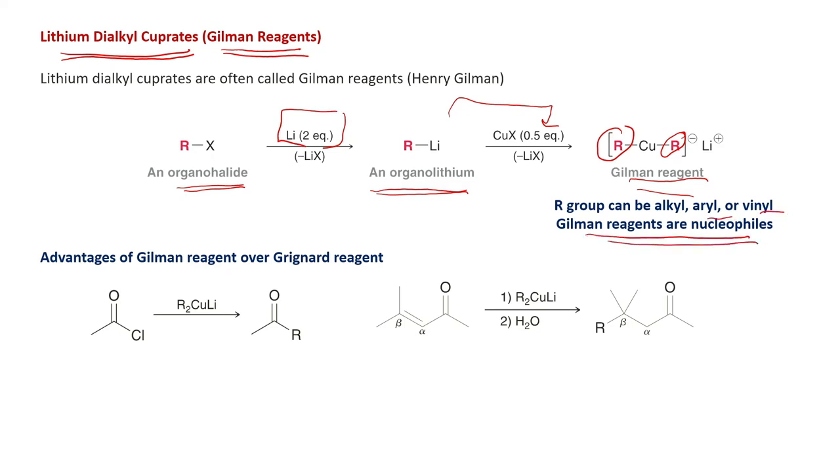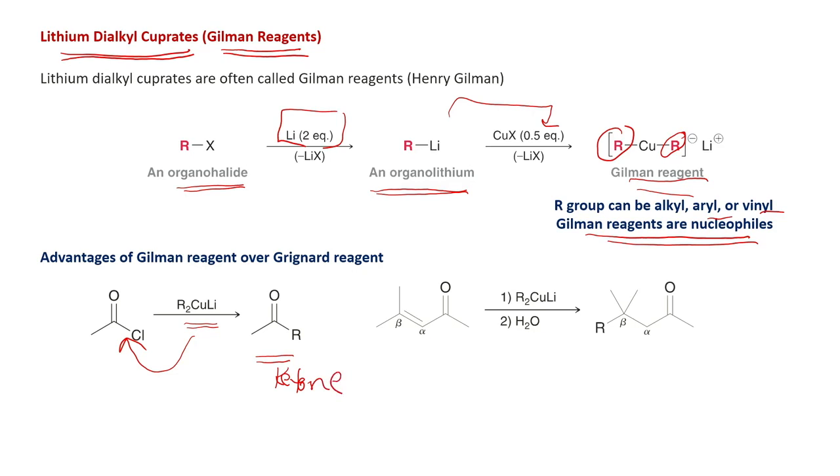Gilman reagents are nucleophilic in nature. So what is the advantage of Gilman reagent over Grignard reagent? Or you can say, the difference between the reactivity of Gilman reagent and Grignard reagent. Your Gilman reagent, when it reacts with acyl chloride, will give you a ketone.